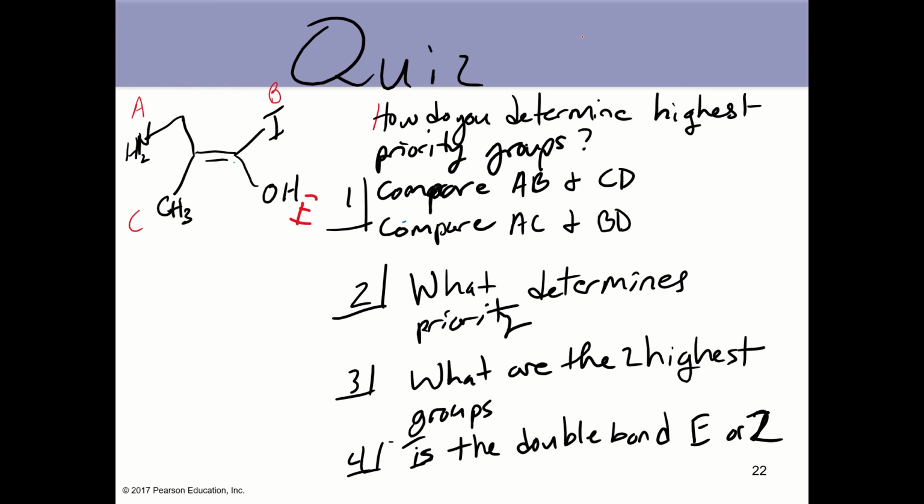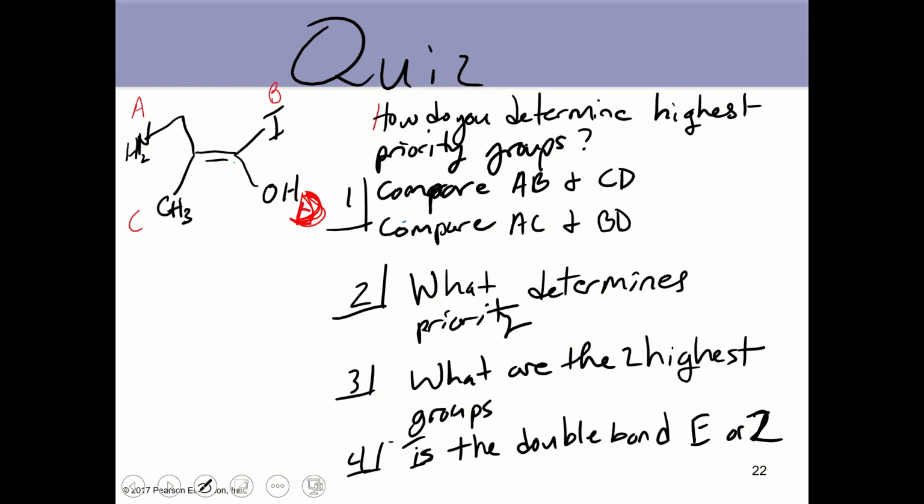Let's say it'll be due by Sunday, and what I want you to do is to determine the highest priority groups, comparing, I've labeled each group as A, B, C, and D.